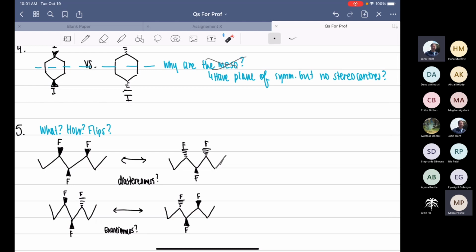I have no idea how to assign it R and S. I vaguely remember that if the two chains are identical on both sides, the one that is R takes priority over the one that is S. But this is only really a meaningful stereocenter when they're both R or both S on both sides, and then it's really important which way that is. And I have no idea how to name it, because in both cases they're both R, both the same. I don't know.